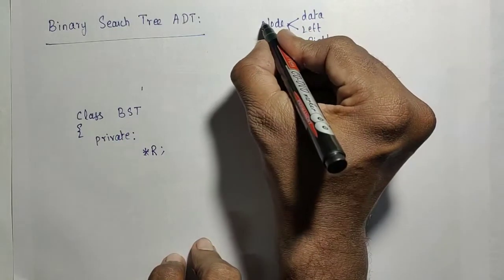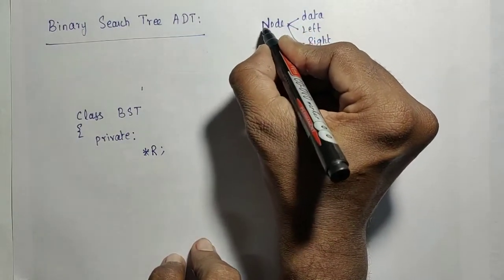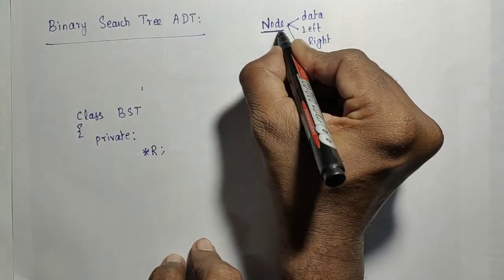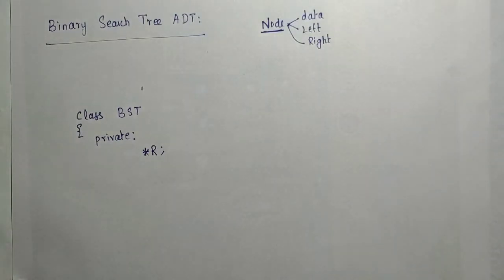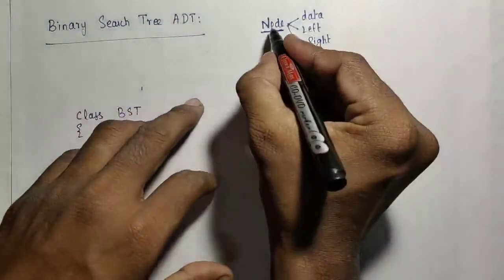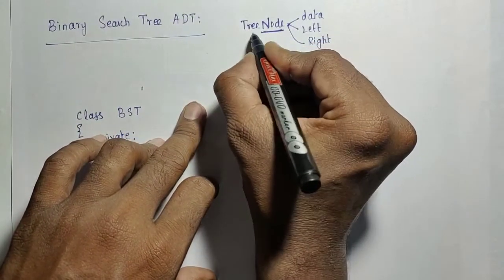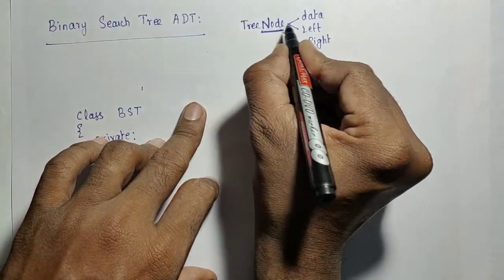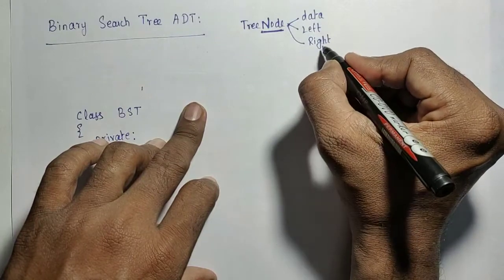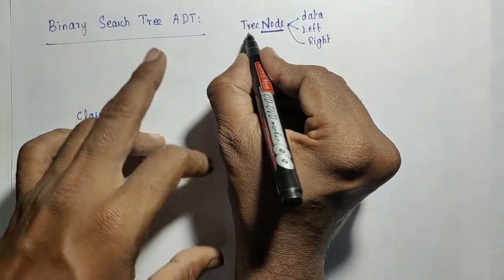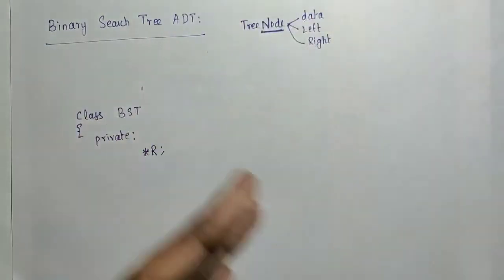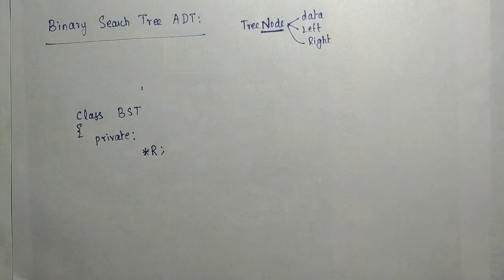Like that we need to create the node. In the tree data structure, each element is called a node. So to avoid confusion with the linked list concept, we are going to call the node a tree node. The tree node contains the data, left and right. Usually when we say tree, we are talking about only the binary tree type, which has exactly two children, left and right.